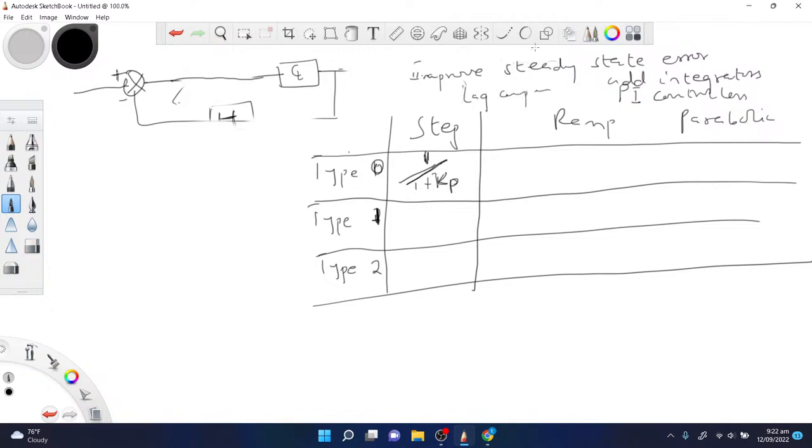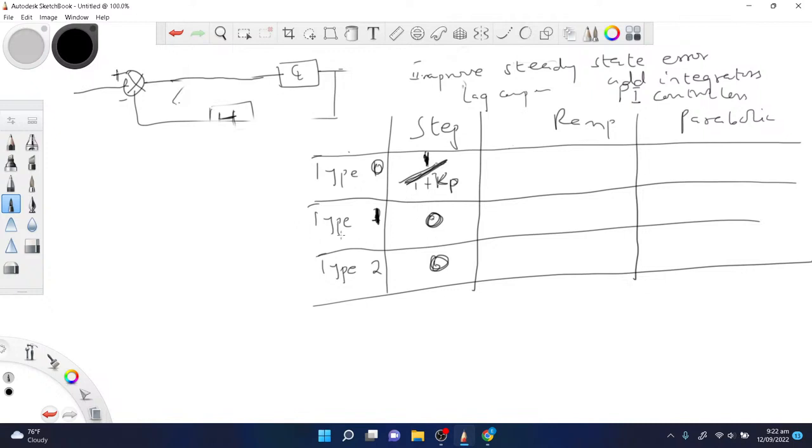So any of them improve steady state error. So you know that as the type is increasing, you're adding integrators to it. So if even type 0 is giving me a finite value, then type 1, that's the one I've added an integrator to, should give me a better steady state error. So this will give a steady state error of 0. This will give a steady state error of 0. I mean, even this is giving 0. Right? That's the explanation for this.